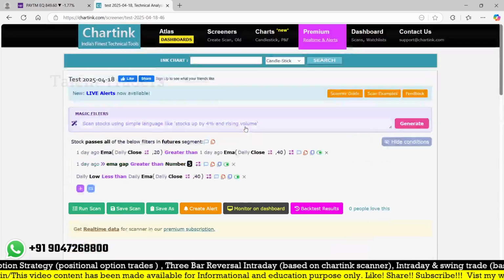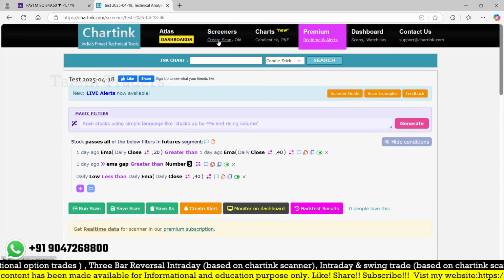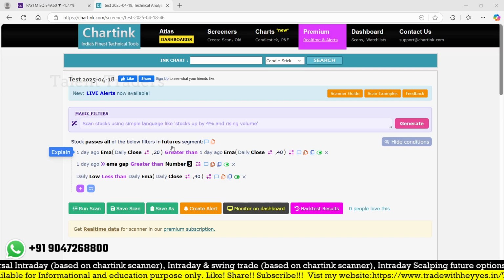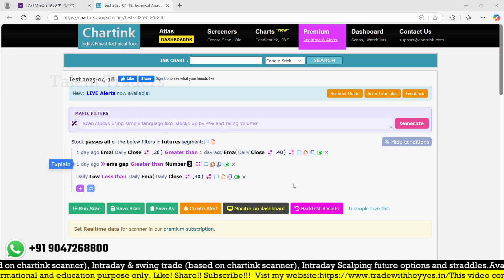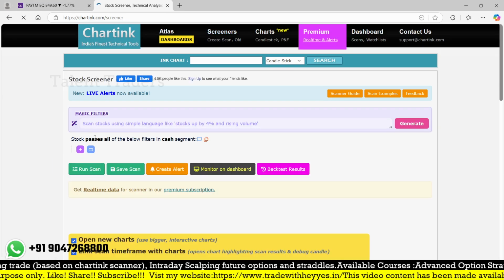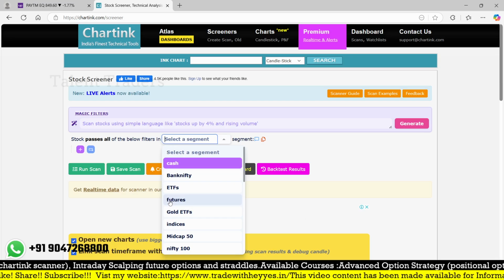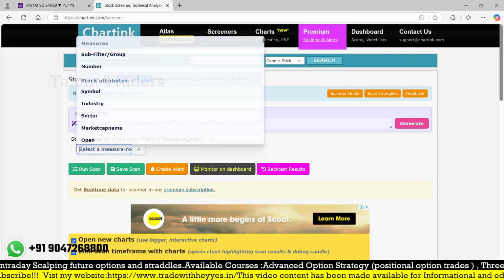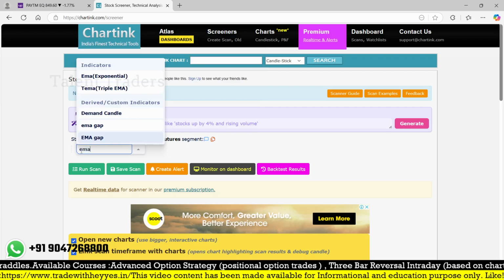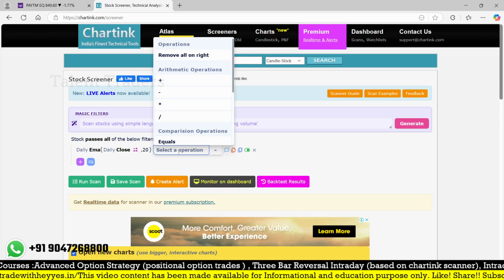So let me try to create the reversal of this particular scanner. The same custom indicator we are not going to use, because this is a different one, and we are going to use one more custom scanner to find that gap, because it is a reversal. We are going to use the same EMA 20.